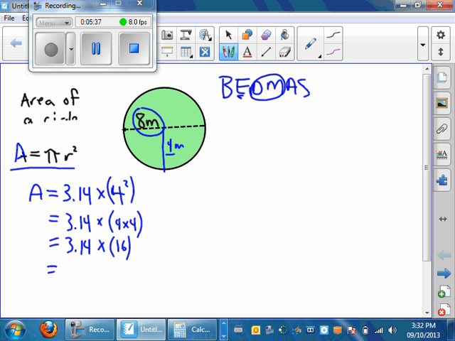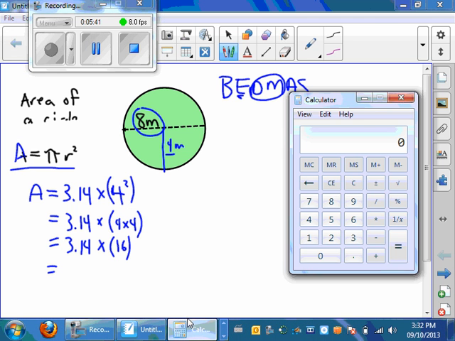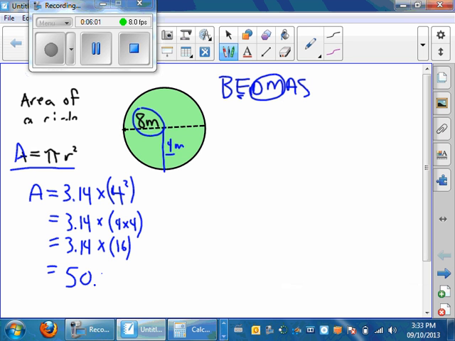We can actually bring up our trusty calculator here to help us out. So let's do that. Let's go 3.14, and we're going to multiply that times 16 equals, well, it's 50.24. So write in our answer, 50.24.